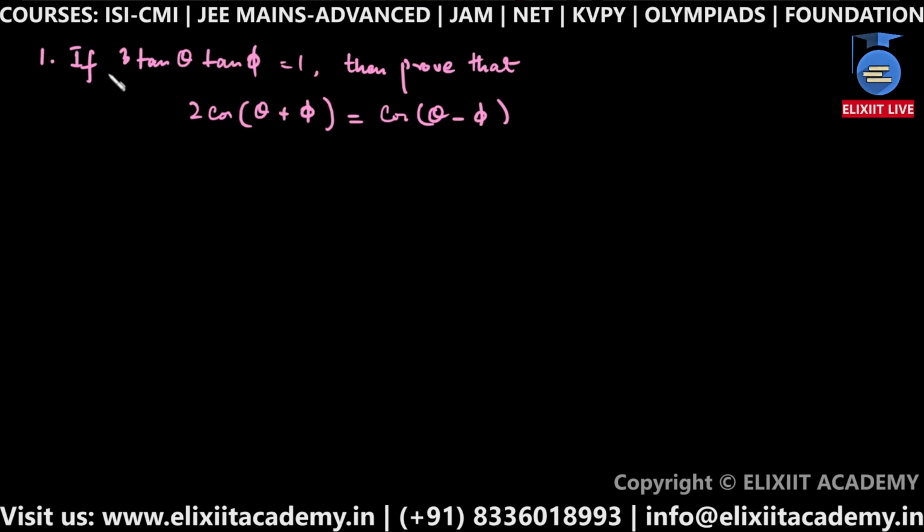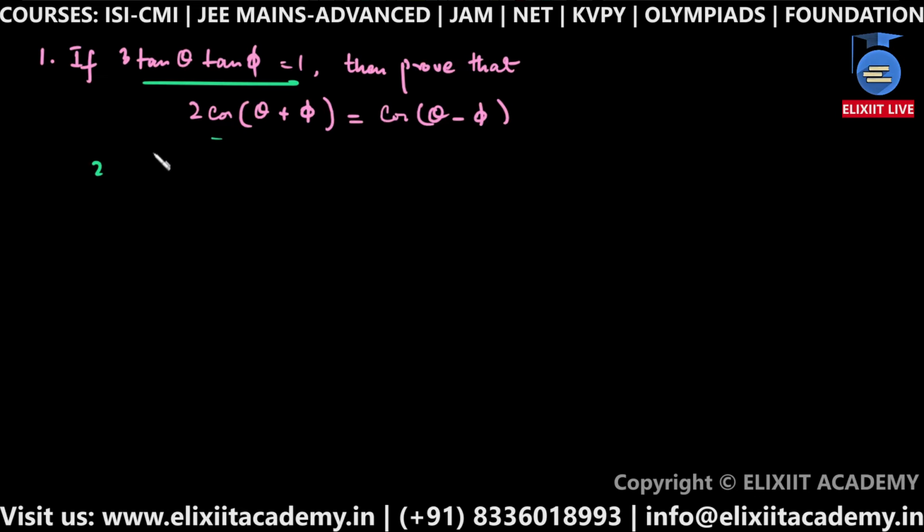So first of all, you have 3 tan theta into tan phi, which is 1. You have to prove that 2 cos(theta plus phi) is equal to cos(theta minus phi). So what we'll do is, from this particular identity, we have 2 cos(theta plus phi), and on the right hand side you have cos(theta minus phi).